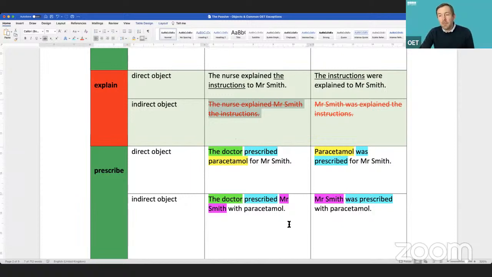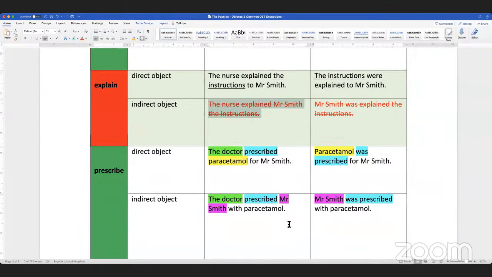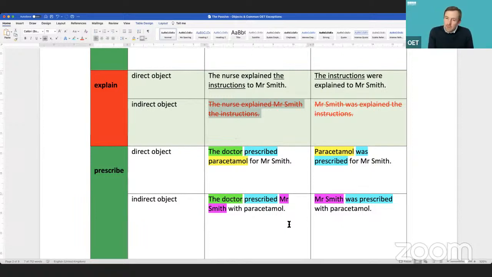This is what happens when you learn a new language like this. Sometimes things don't feel right, and sometimes you're right and sometimes you're wrong. That's why we're doing it today. I've shown you explain and prescribe because they're not the same, even though they feel like they should be.